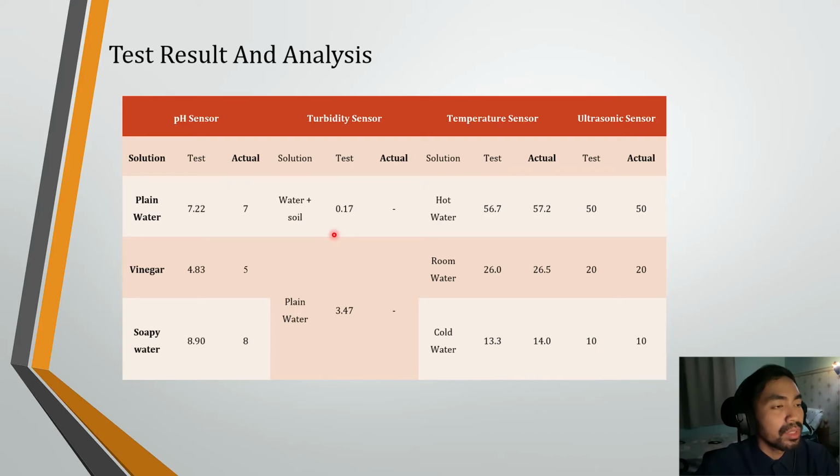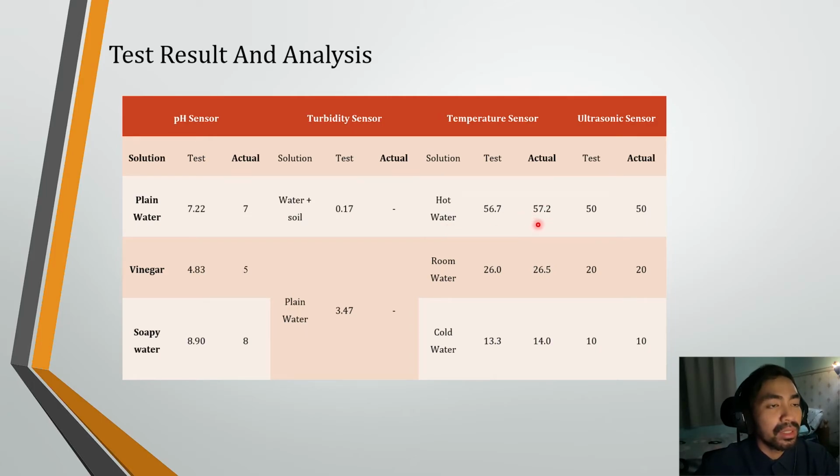So for this result, we can see that the cloudier the water solution, the lower the reading. If the water is clearer, then we get a higher reading. Okay, for the temperature sensor, the actual for hot water is 57.